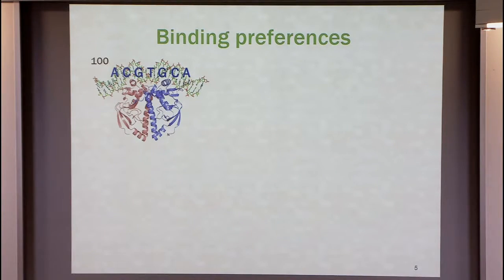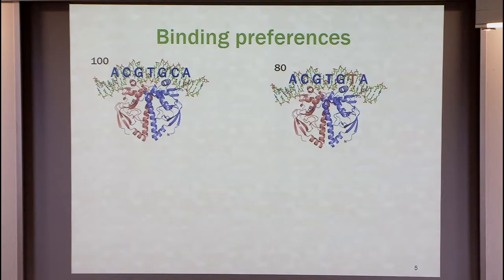Here, for example, we have the protein and the DNA molecule, and we see that the protein prefers to bind to this sequence, ACGTGCA, and let's say it has some intensity, 100 in some units. But if we make a mutation in that sequence, or if it appears in the genome with some mutation, it may still bind it, but with a smaller intensity.